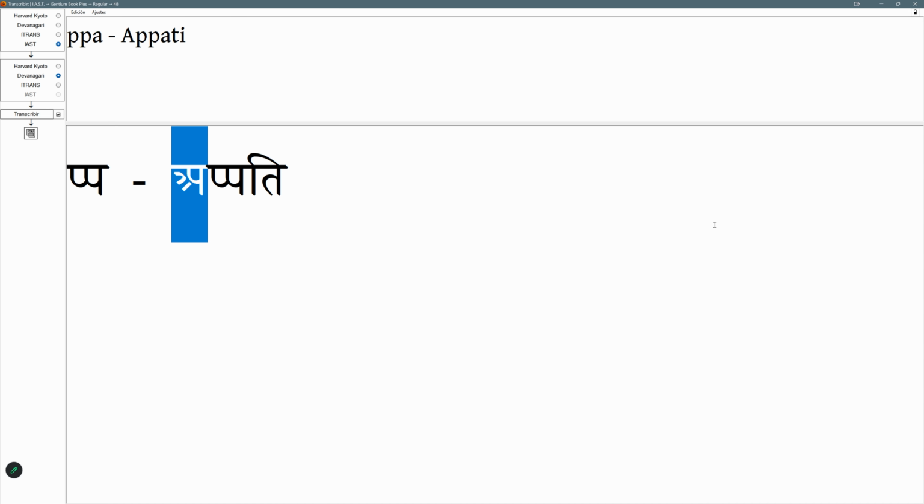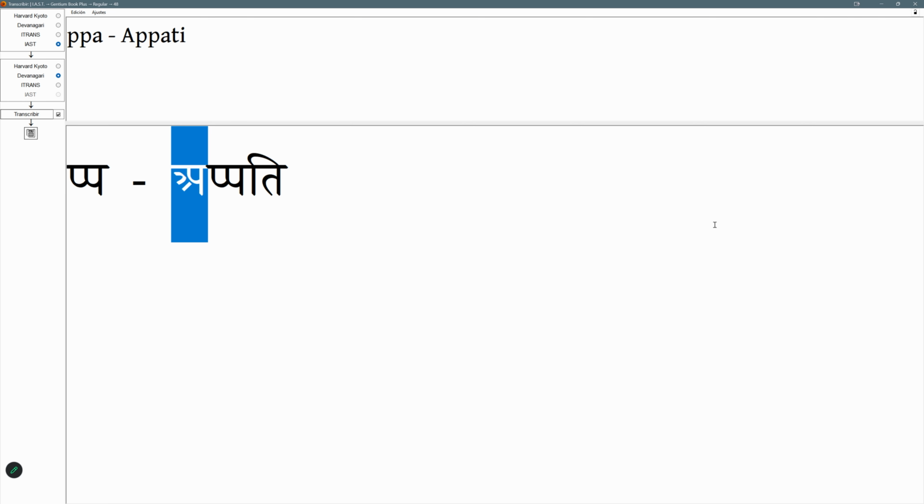Apart from ocean, Appati is one of the names of Varuna, the god of rain. Varuna, you know, controls the liquid.